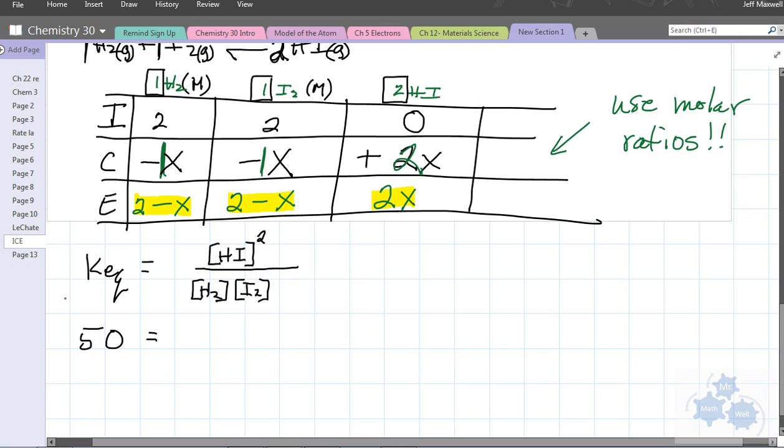And this is, of course, at equilibrium, and so all of these need to be at equilibrium, and so that's where this comes in. These values get substituted into the expression.